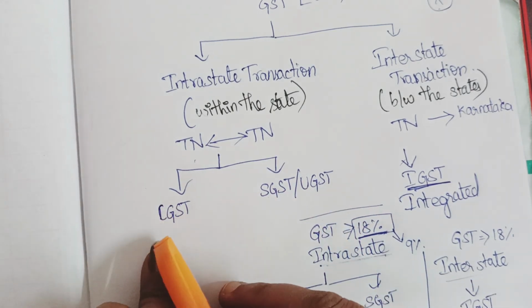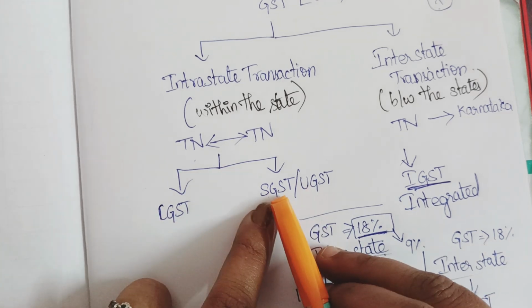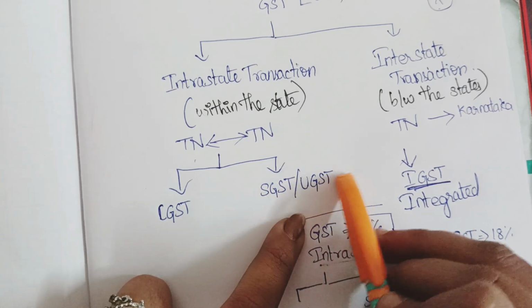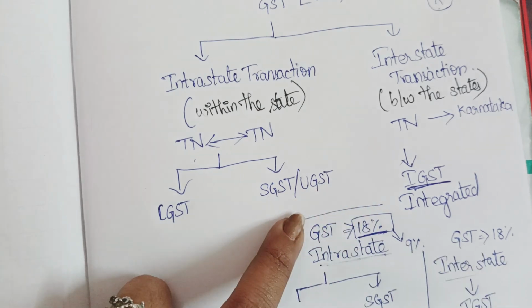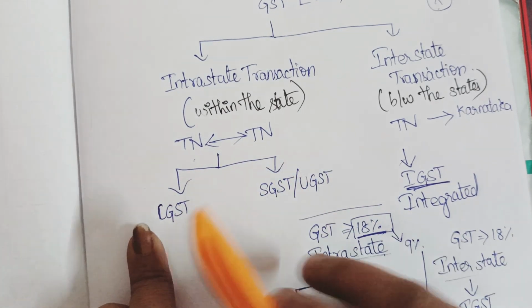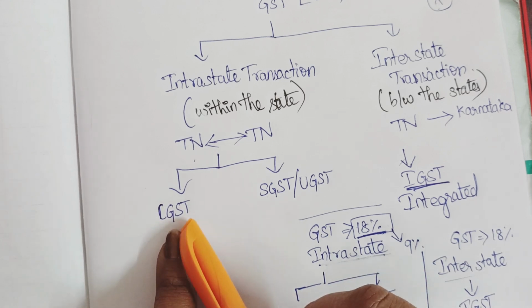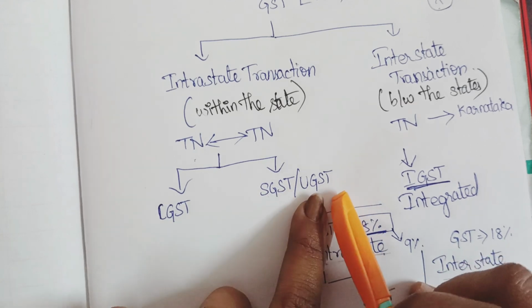Let me explain you what is CGST. CGST is nothing but central GST. This is state GST or UGST, Union Territory GST. This is for intrastate transaction. Explaining again, CGST is central GST, state GST or union territory GST.